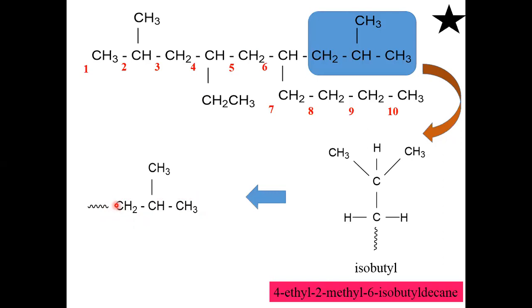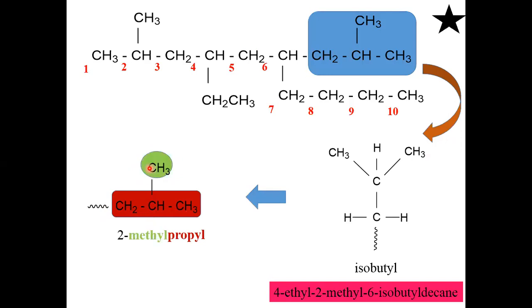So if you look at here, the longest chain is 1, 2, 3. Betul, ada 3 carbon, paling panjang. So kamu akan dapat propyl. Propyl, ini akan jadi cabang dia. This will be the branch of your longest chain here. So you will have 2-methyl propyl.